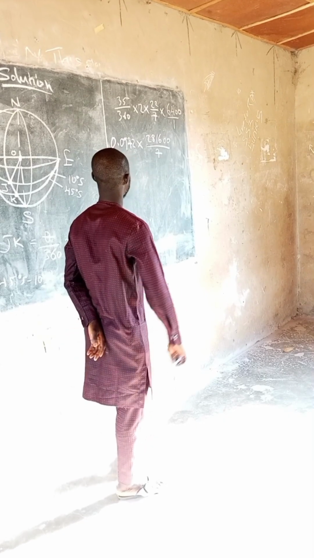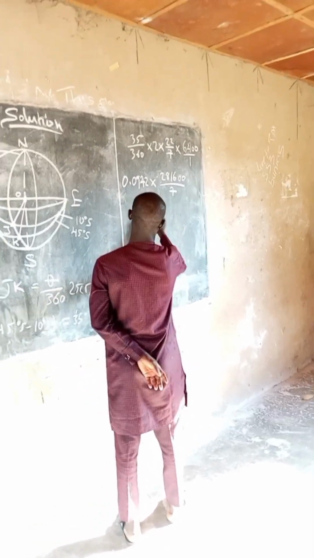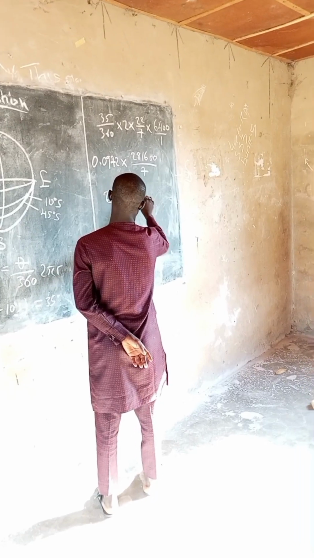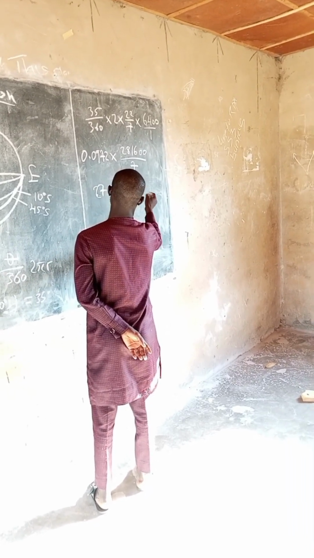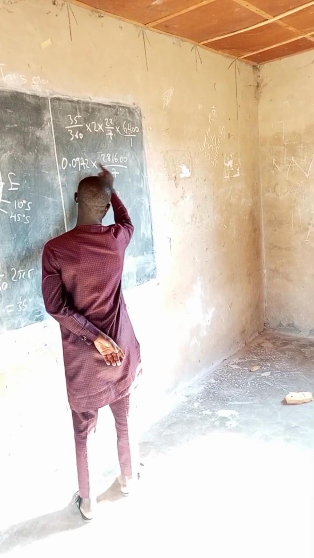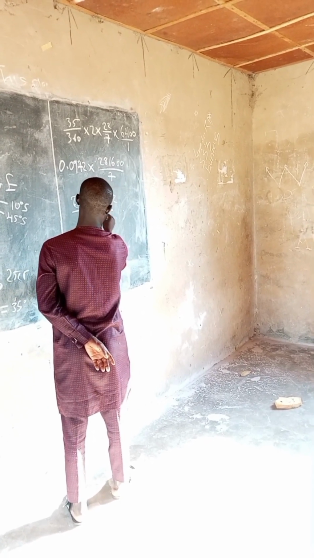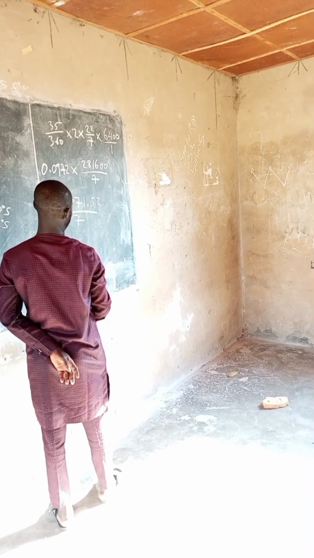So we have multiplied this by this, right? So it's time for us to divide it by 7. So divide this by 7, let's see.